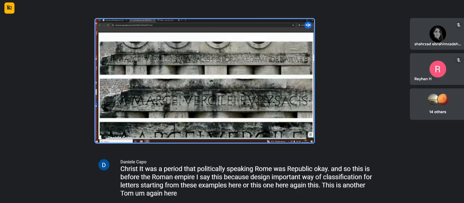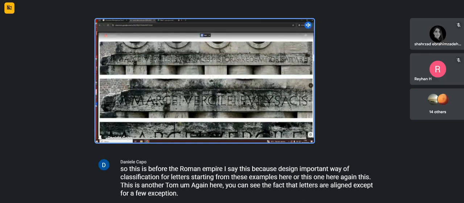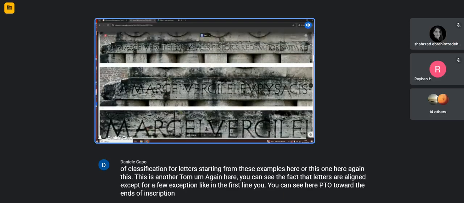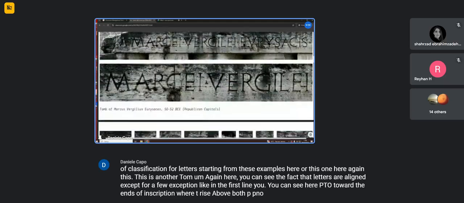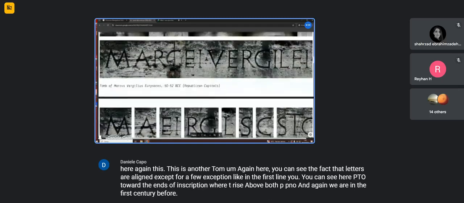Again, here you can see the fact that letters are aligned, except for a few exceptions, like in the first line, you can see here PTO toward the ends of the inscription, where T rises above both P and O. And again, we are in the first century before Christ.